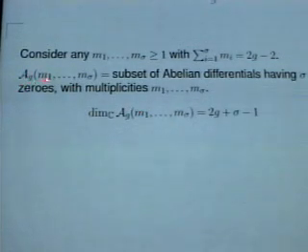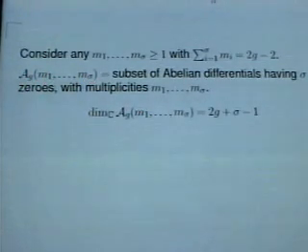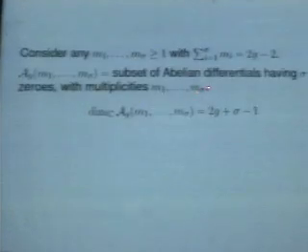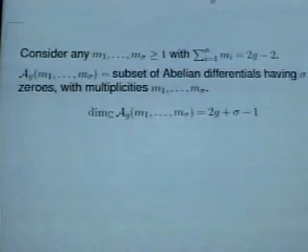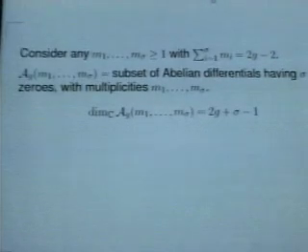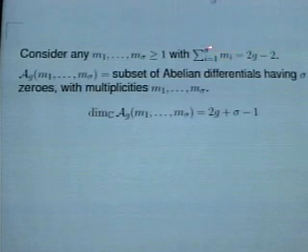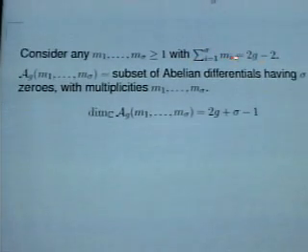One calls A sub G of M1 to M sigma the subset of all abelian differentials that have exactly sigma zeros, and their multiplicities are M1 through M sigma. And in order for this to be possible, there has to be a relation between the multiplicities and the topology of the surface, which is written over there. This is only possible if the sum of all multiplicities is equal to 2g minus 2.